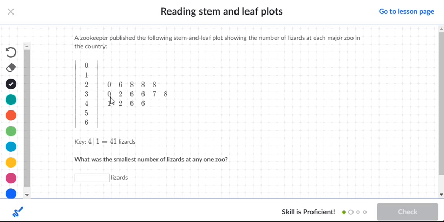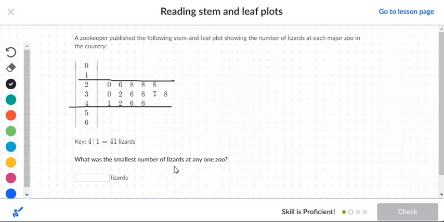This would be 30, 32, 36, 36, 37, and this would be 38. And this would be our 40s: 41, 42, 46, 46. We only have numbers in here. There are no numbers listed here, so there are no numbers in the teens or no single numbers. There are no numbers in the 50s, nor any numbers in the 60s.